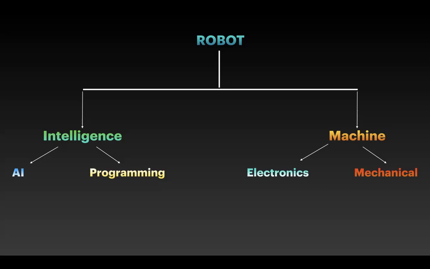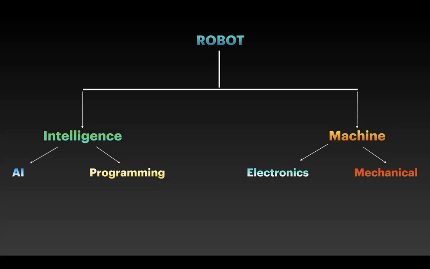So all of these three components, like I said, the artificial intelligence part we are not touching in this course, right? But programming, electronics and mechanical, these three are the very basic fundamentals for every robot. On top of these three only, we can add other things, right?